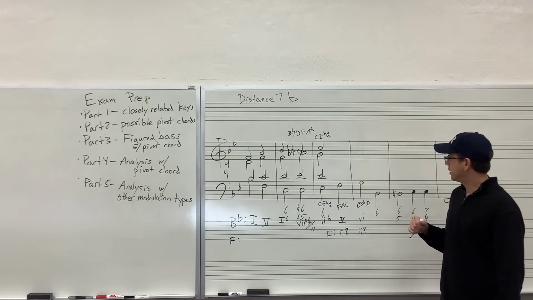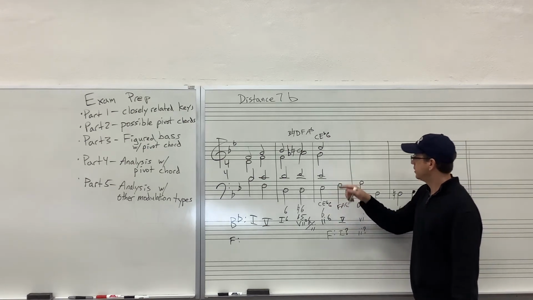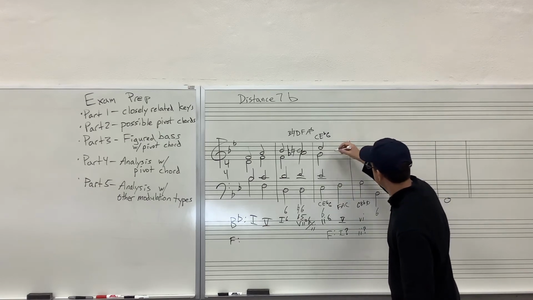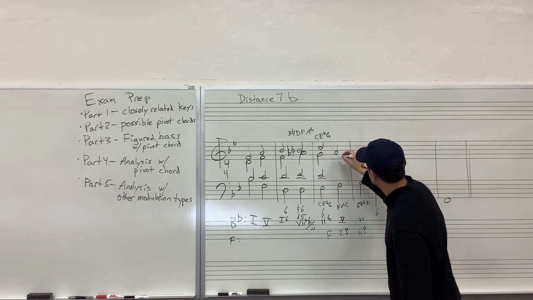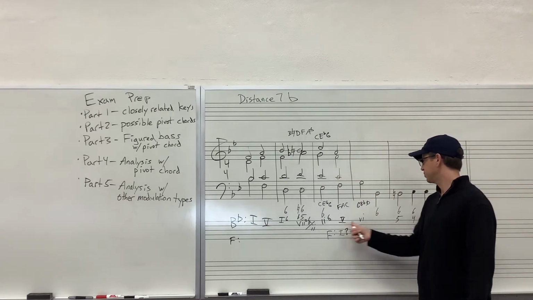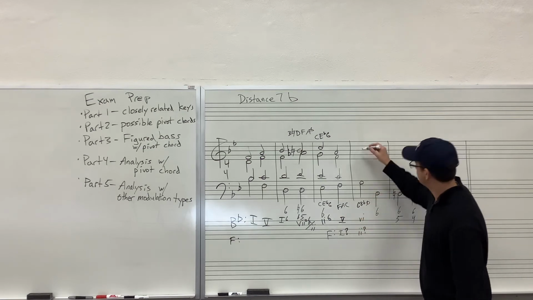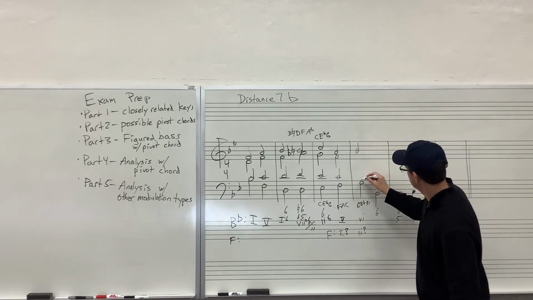Let's see, let's go Re, T. Let's have Re come down to T, so C. And when we go 5 to 6, we want to double the third. So one note goes up to B flat, and the other one goes down.